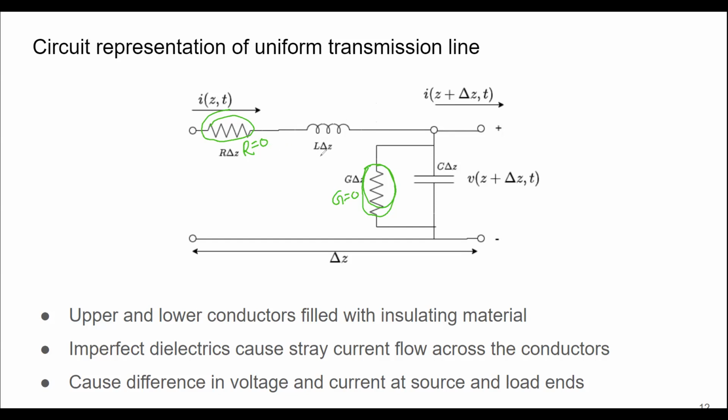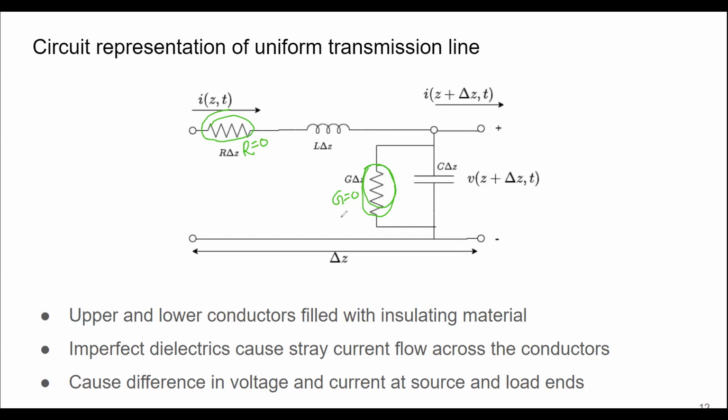When we consider the inductance that is generated because of the current flowing in the transmission line, the resistance value is almost negligible. And also when we consider the capacitance formed between the two conductors because of the voltage difference between them, that capacitance value is higher than the parallel resistance value.